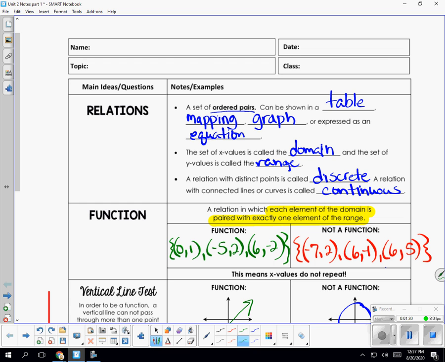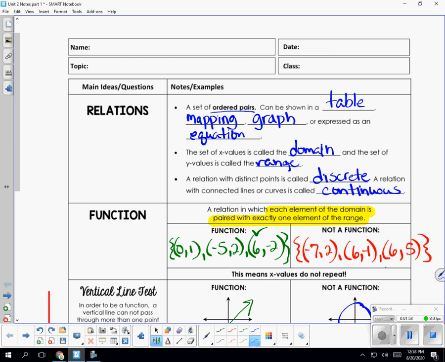If I look at my green points here, I have the input values of 0, -5, and 6. And are they paired with exactly one output? Yes, they are. So this meets the definition of a function. Now let's look at the not a function pairs, the red ones, and see why this is not a function. Does every x value pair with exactly one element of the range?